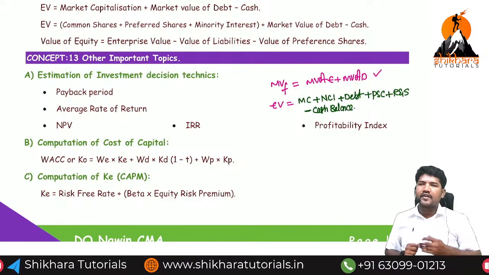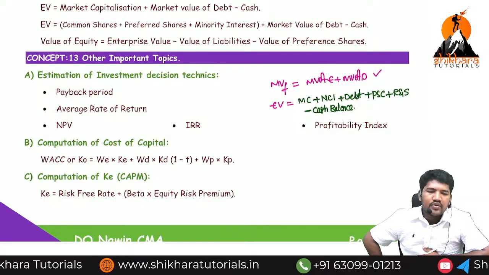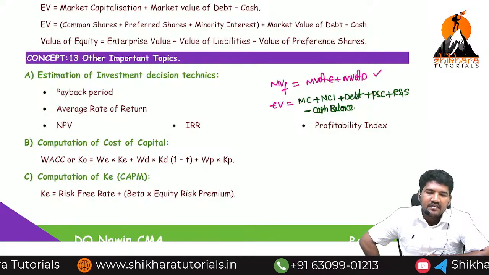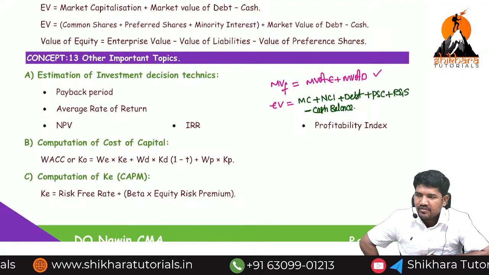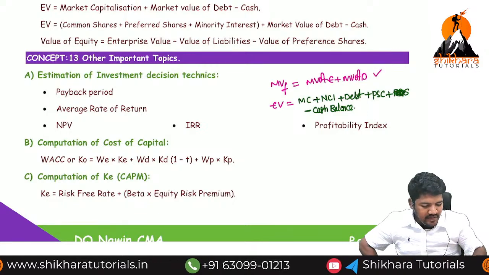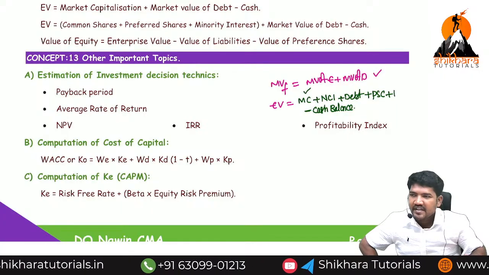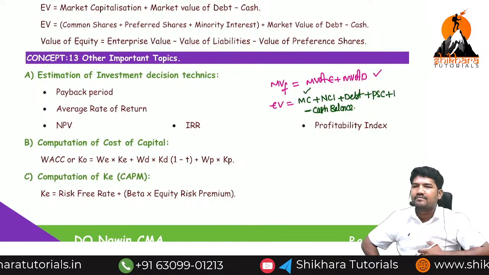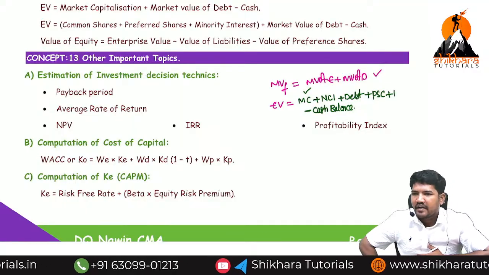Very, very important. So, equity share capital plus non-controlling interest plus debt plus preference share capital plus reserves and surpluses. Don't consider reserves and surpluses as an individual part. Why? Because market capitalization is there now, it already included. That's why don't write it separately.